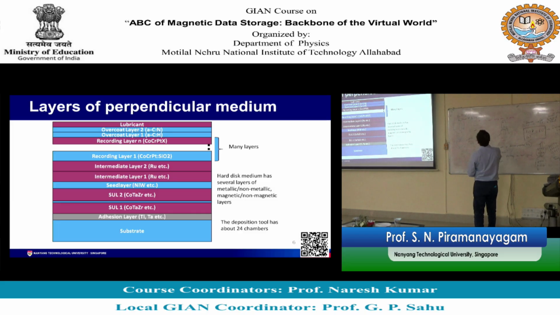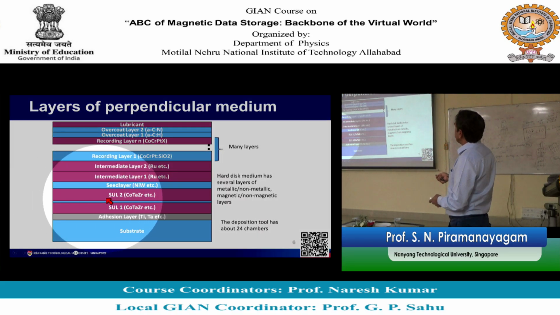So, when I taught you about chromium, right, I told you that this chromium will have a certain crystallographic nature, but if you want to improve the crystallographic texture of chromium, it is better to have some other layer. Okay. So, in this case we have a ruthenium layer.